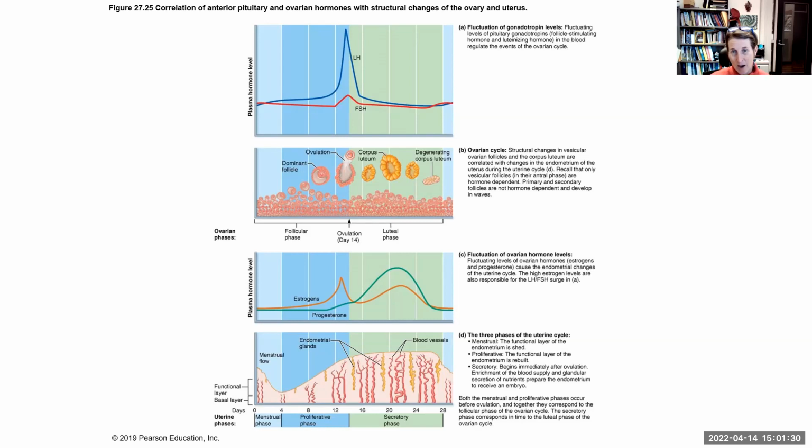And so that's going to allow LH and FSH to start to increase. And that's going to start this whole ovarian cycle over again, where we can get a bunch of follicles developing, one becomes dominant, et cetera, et cetera.